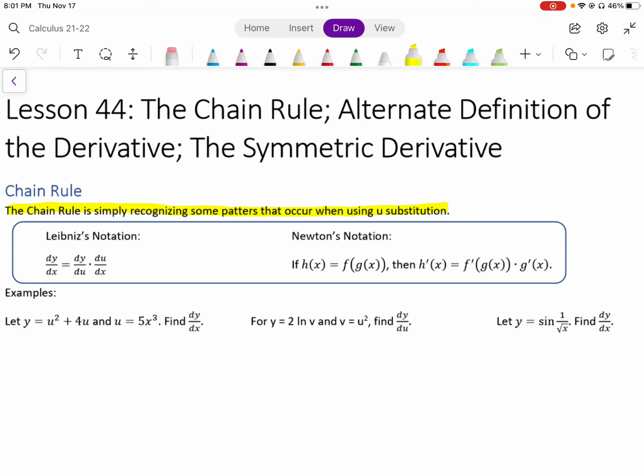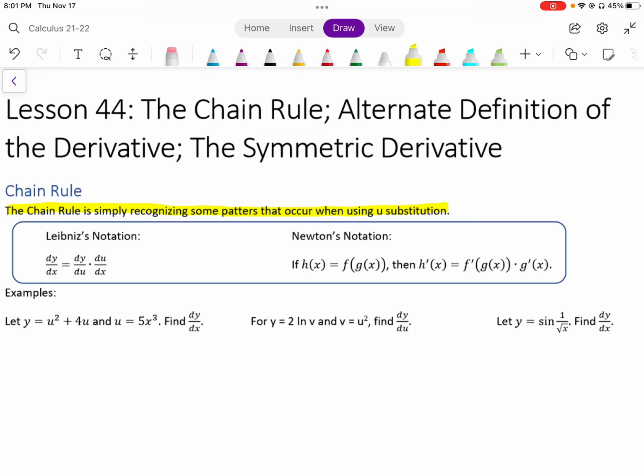So you have the two different notations here. You have Leibniz notation. It says dy over dx equals dy over du, so the derivative of y in terms of u times du dx. And then Newton's notation might just be an easier way to think of it.